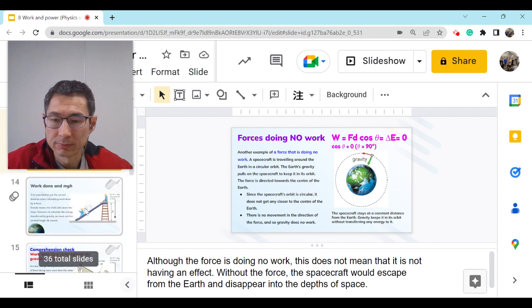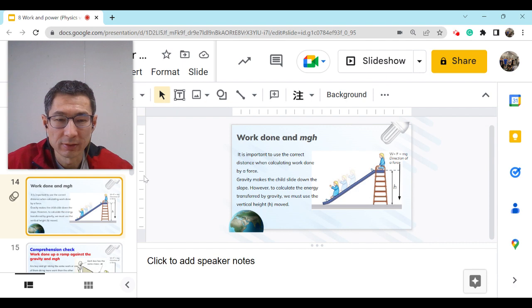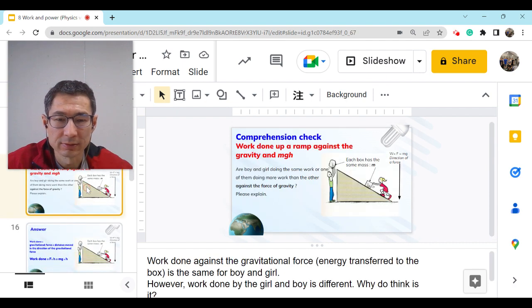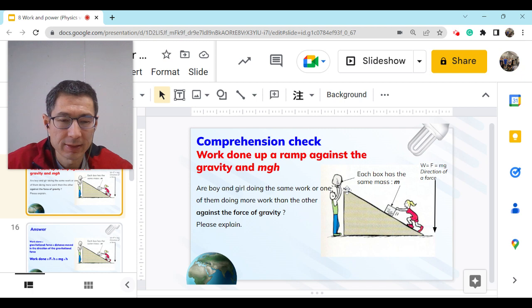I just want to finish this with a comprehension check. There is another work done, this time against the weight, which is potential energy, due to gravitational force. You can go through it. There is another question I wanted to ask you. Here is a ramp. This triangle is a ramp. There is a box again with a mass.